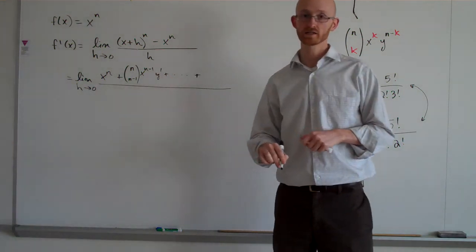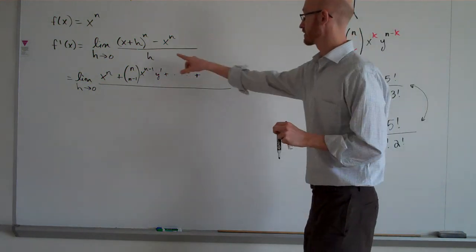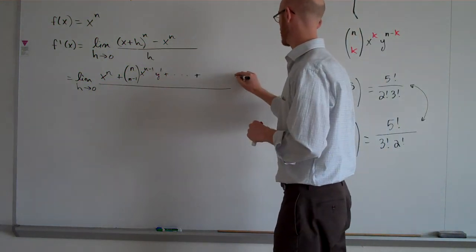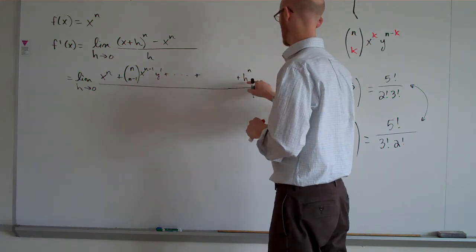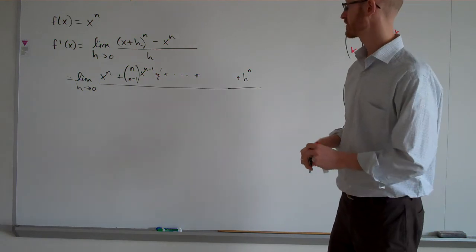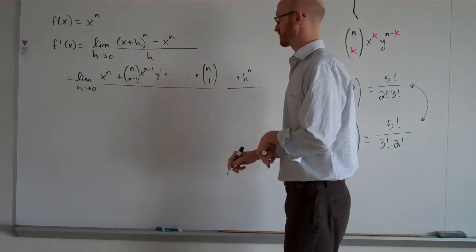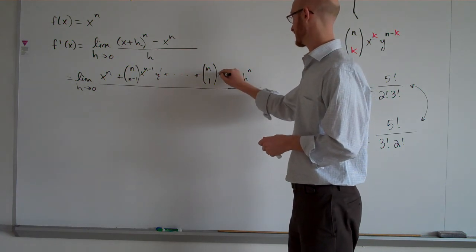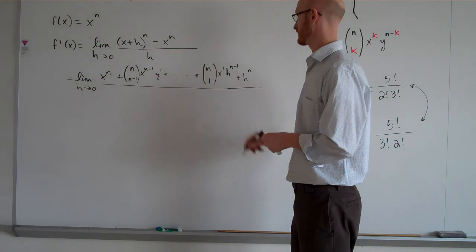And our last couple terms, if you think about the fact that the very last term in this expansion has to be all h's, right? That's h to the n. So the penultimate term, the second to last term, should involve n choose 1, because there's one more left, x to the 1, h to the n minus 1.